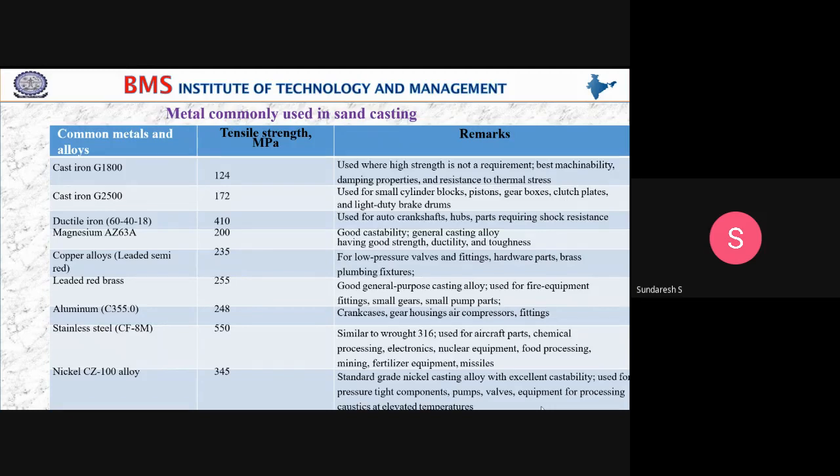So we have gray cast iron, and then we have cast iron, and we have ductile iron, right? So there are different materials you can see, and their corresponding tensile strength also, and then the remarks that we have listed out here.